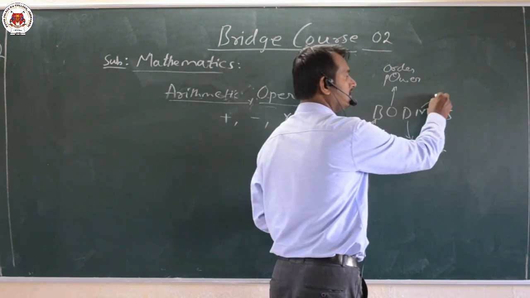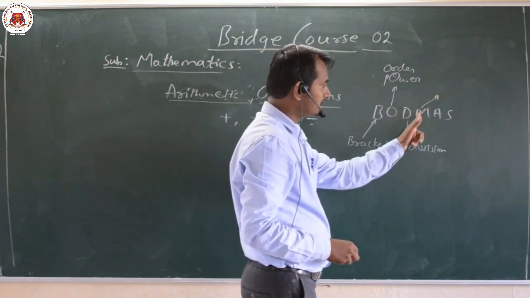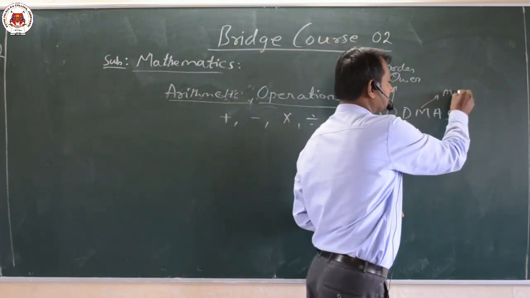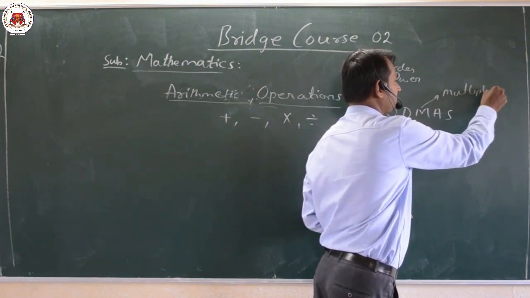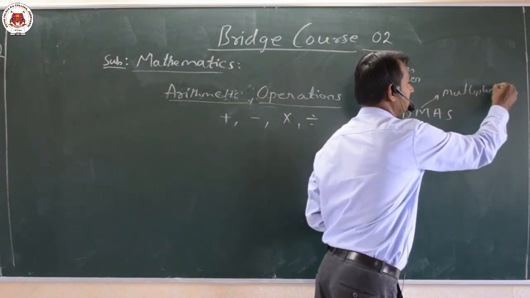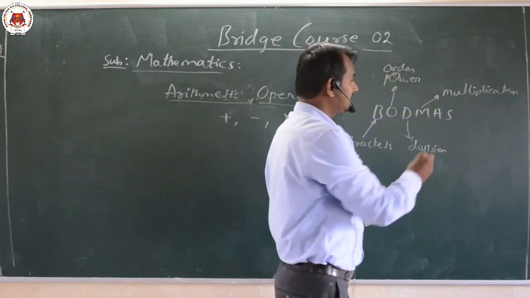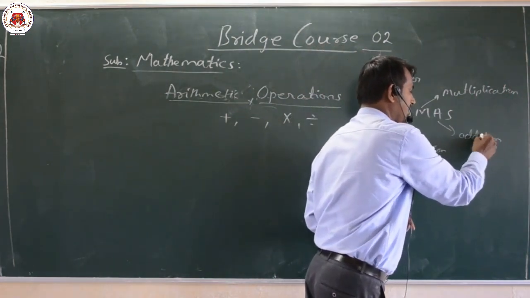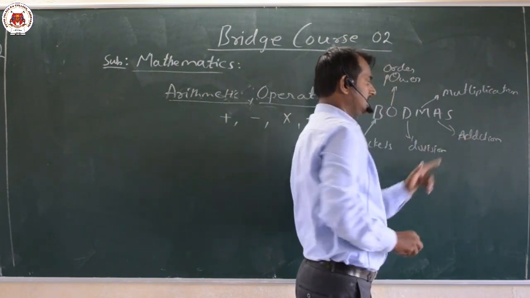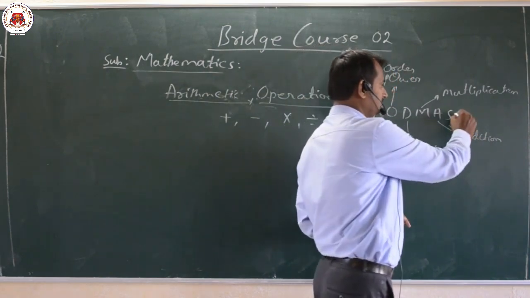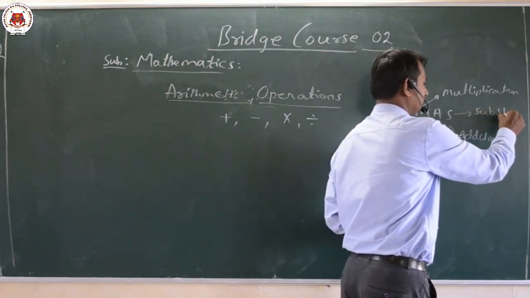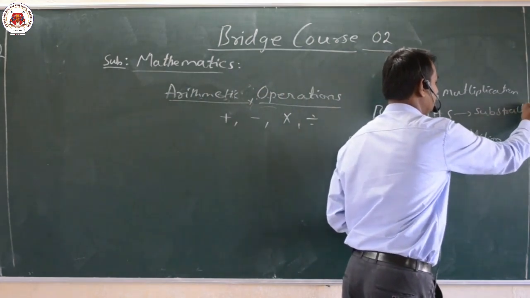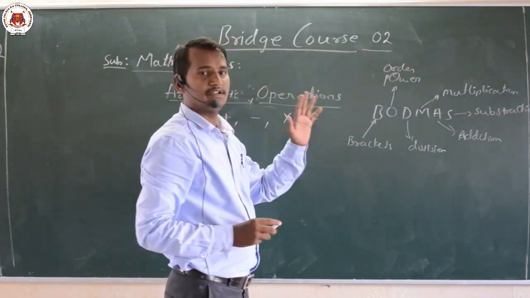M stands for multiplication. And A stands for addition. And at last S stands for subtraction. It is a very simple rule.